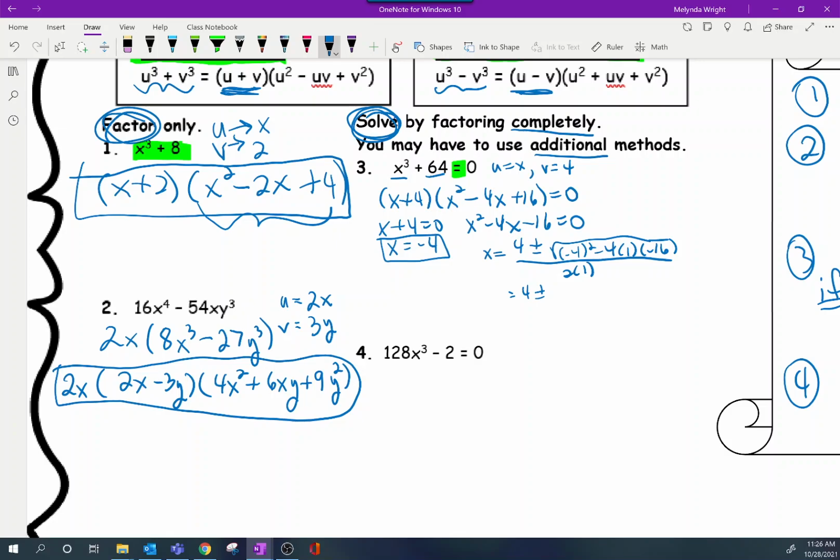So we have 16 and then minus 4 times 16. That leaves me with a negative 48 over 2. Let's work on simplifying that. 48 is 4 times 12, and that is 4 times 3, so I have a pair of 4s. And this negative we know is i, so 4 plus or minus 4i root 3 over 2.